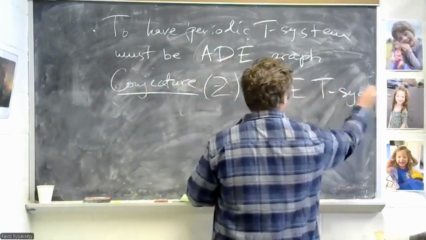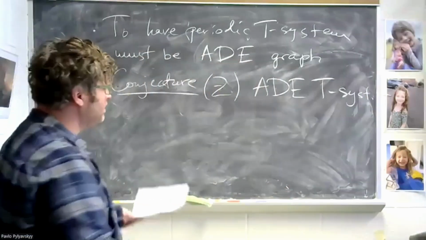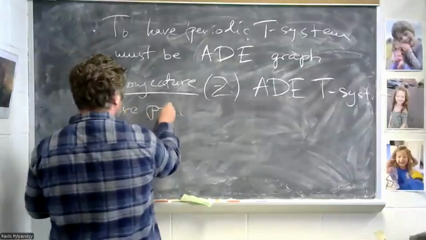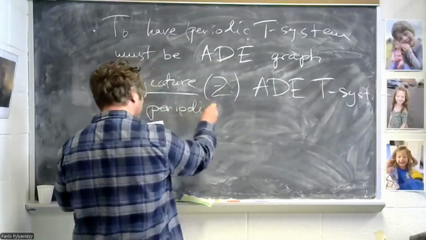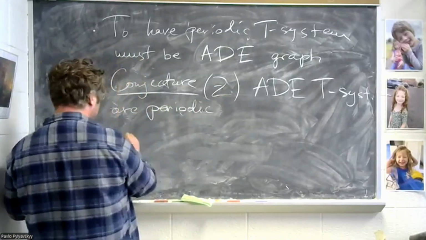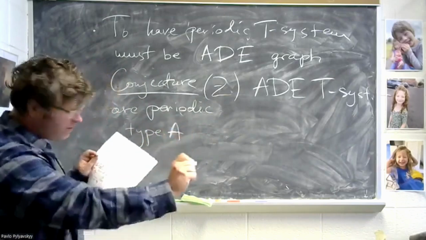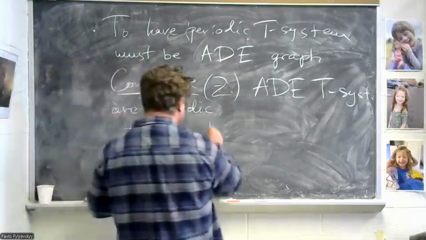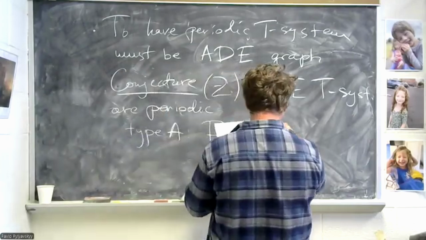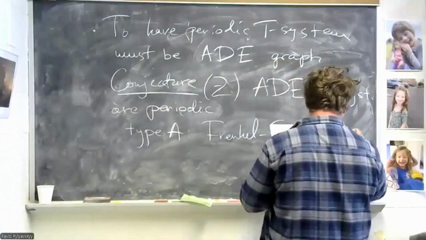So I never wrote the definition of T-system. T-system is what we were looking at, right? That's the T-system. ADE T-systems are periodic. So as I said, in type A, which means just for the path, this was proved by Frenkel and Szenes in '95.